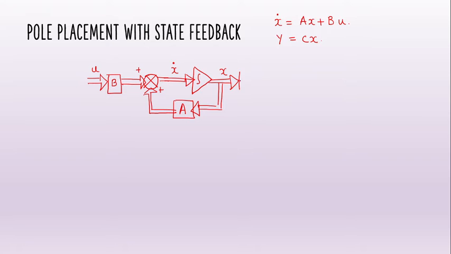And if I multiply it with C, I will get the output y. So this is the system, the original system.